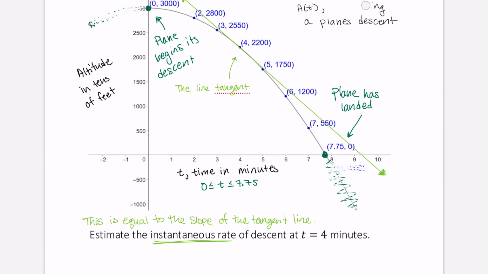Actually, I'm going to change this to modeling. And in green, we have the line tangent to A of t at t equals 4.